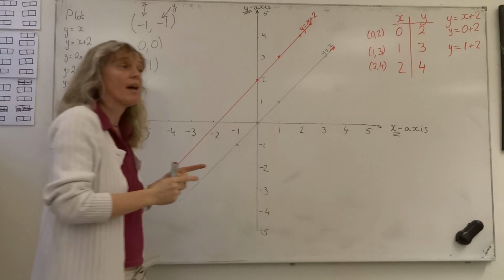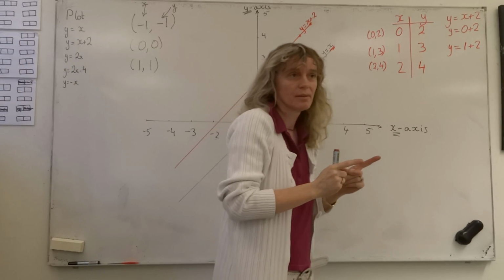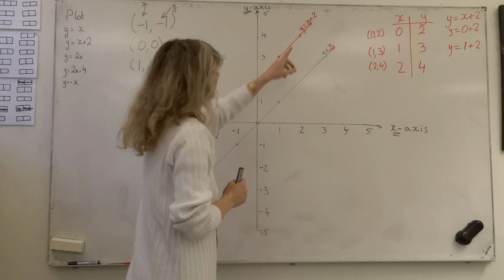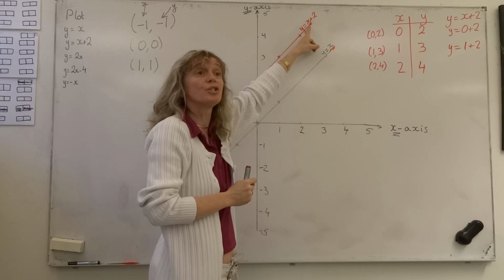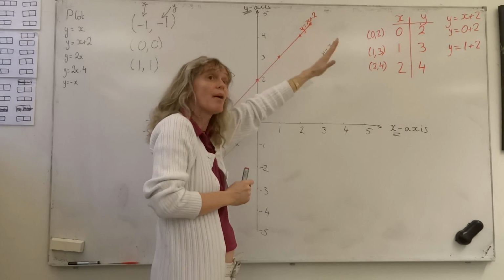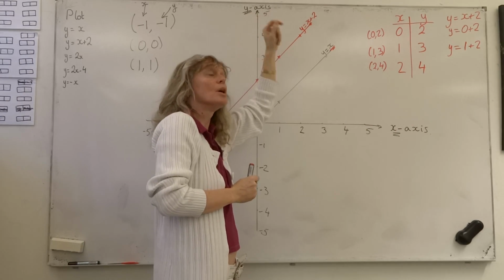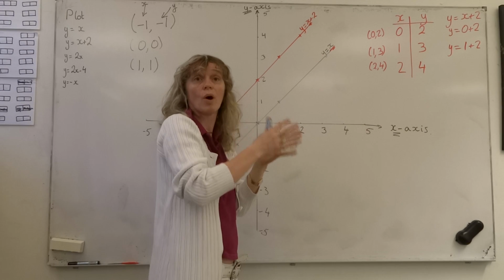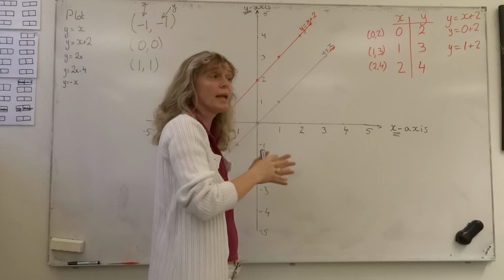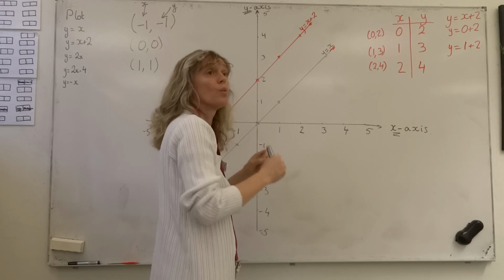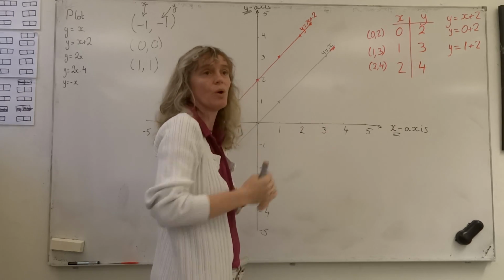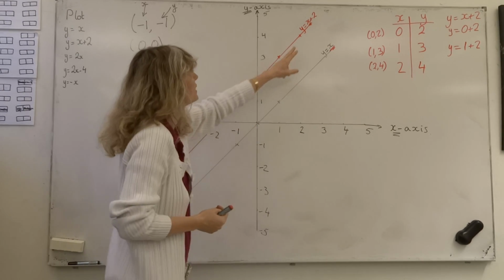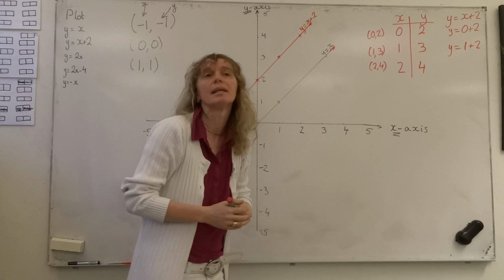They both have 1x in front of them. If this one had had 2x in front of it, it wouldn't have been parallel. It would have been much steeper. So the reason that they're parallel is because they both have 1x. So y equals 1x on one and y equals 1x plus 2 on the other. So parallel lines, if they have the same number in front of the x, they'll always be parallel.